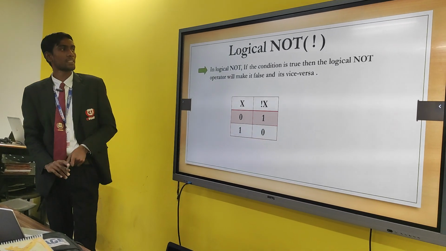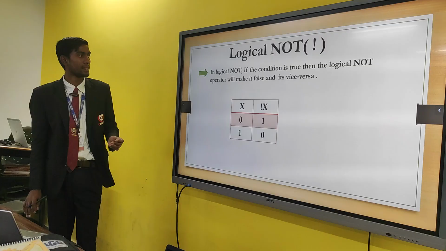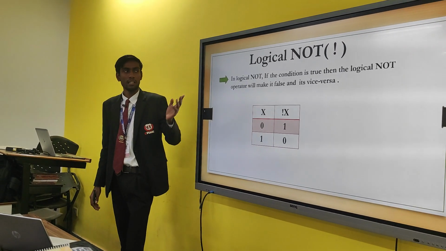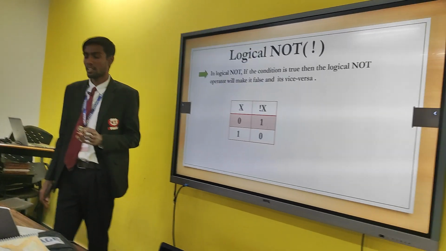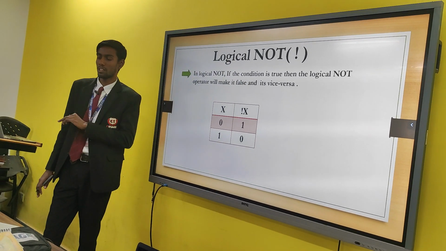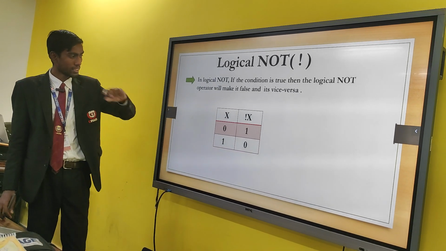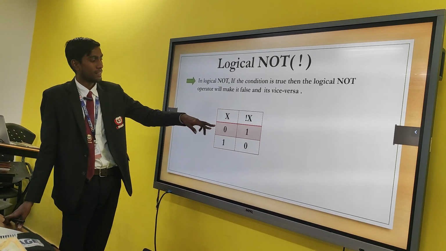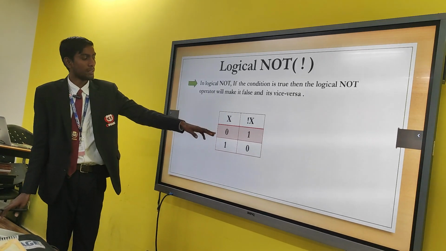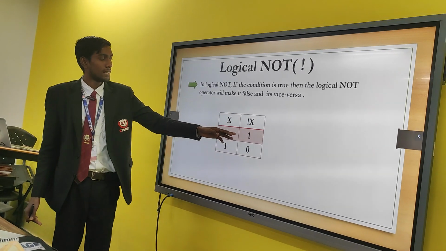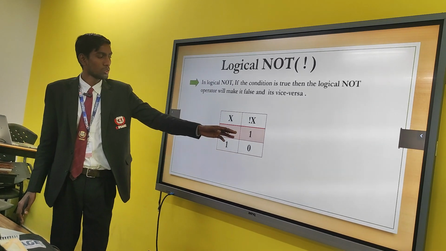Then my last topic is the logical NOT operator. In the logical NOT operator, if the condition is true, then the logical NOT operator will make it false, and vice versa. Here my condition is x. My condition is false but my logical NOT operator converts it into a true condition.